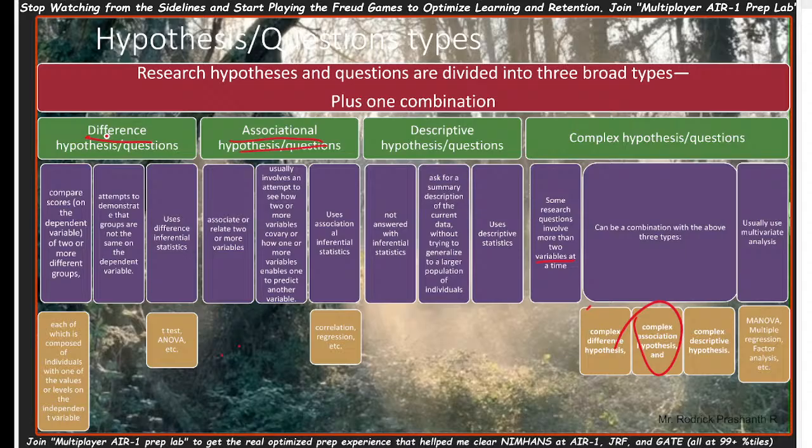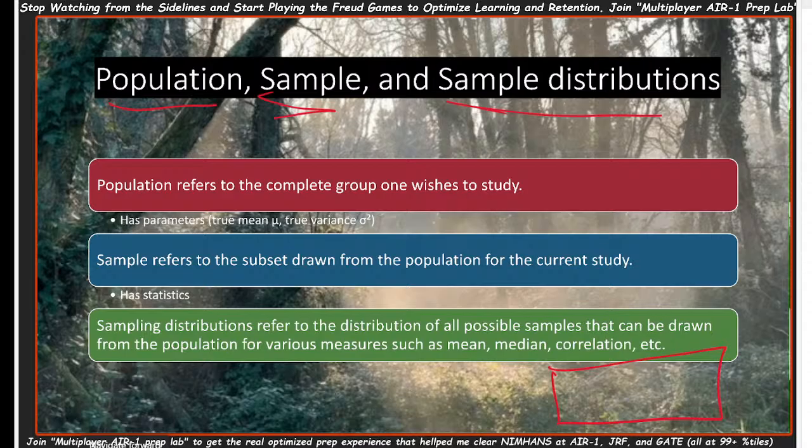We need to know what is a sample, what is a population, and what are sample distributions before we go forward. Please do pay attention here because it'll be slightly confusing. Population is what you decide to study. Okay, so it's a complete group that you want to study. If you want to study people who have been diagnosed with depression, they become your population, right?